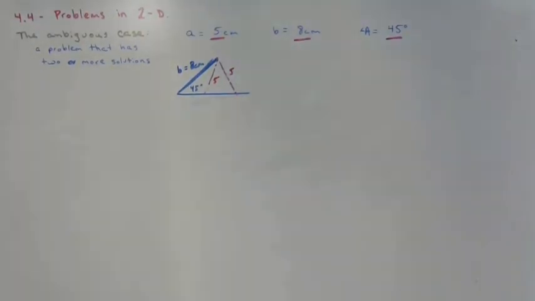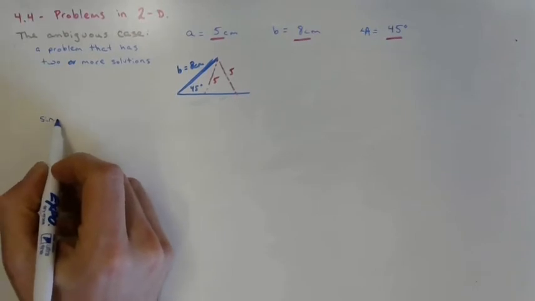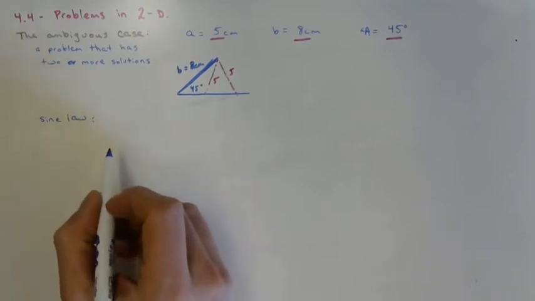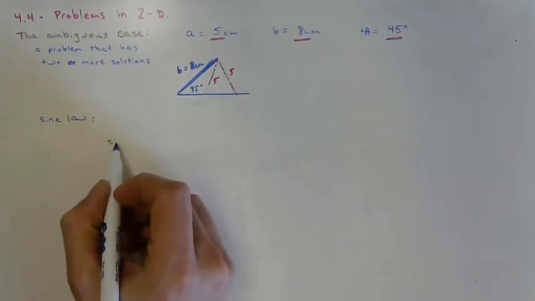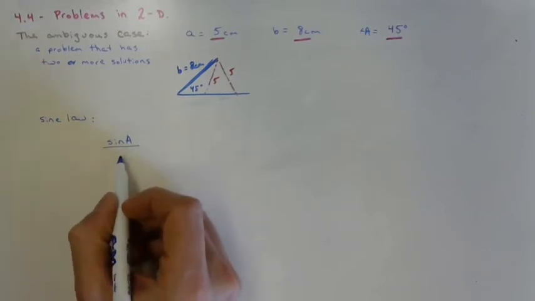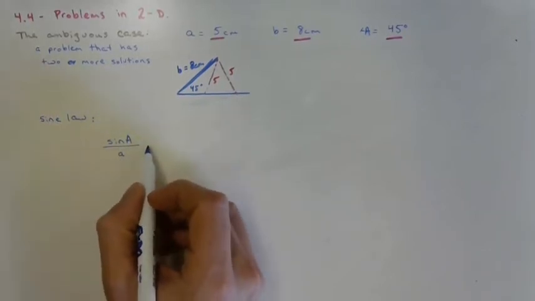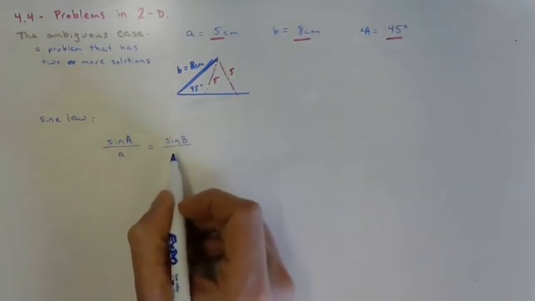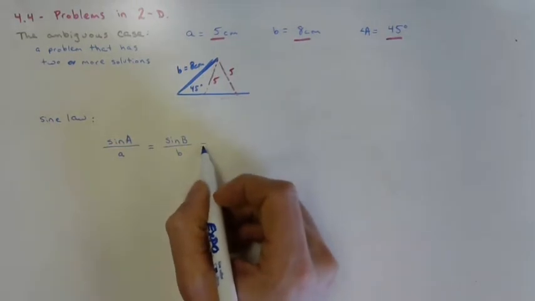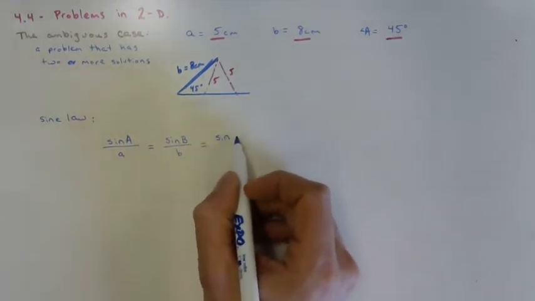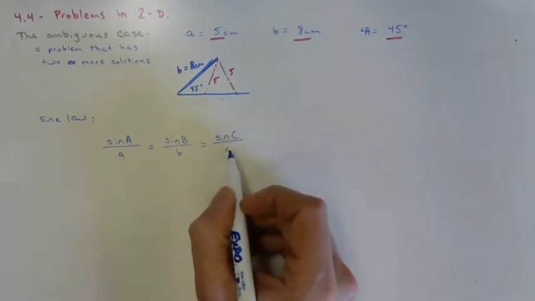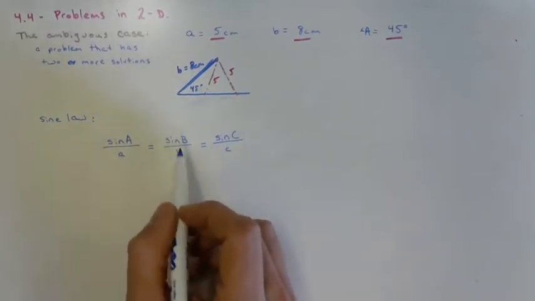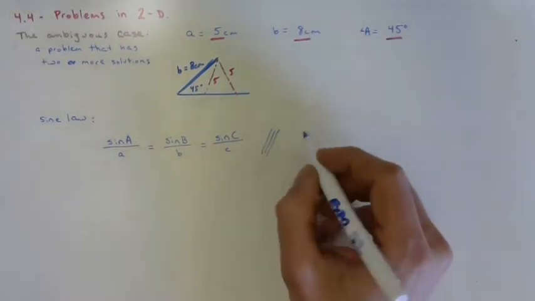We have a little reminder of 2 laws that we use a lot in trigonometry. We have the sine law. Does anyone remember what that is? The sine of angle A over the length of side A, that ratio is equal to the sine of angle B over the length of side B, its opposite side, which is equal to the sine of angle C over the side length C. Okay, this is one way to write it, but if these are true, then their reciprocal ratios are also true.